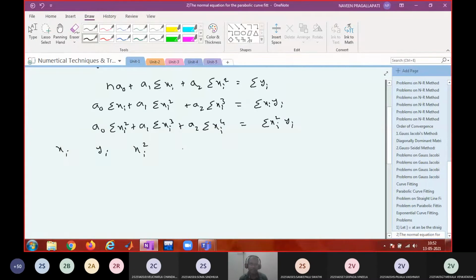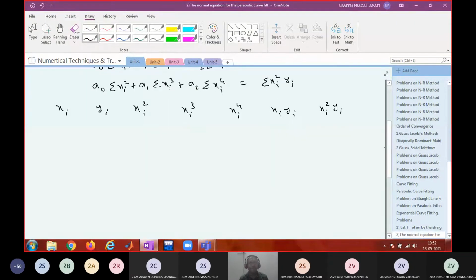Give some gap. Okay, now you find out all these values in a tabular form. Then you substitute these values in the equations.